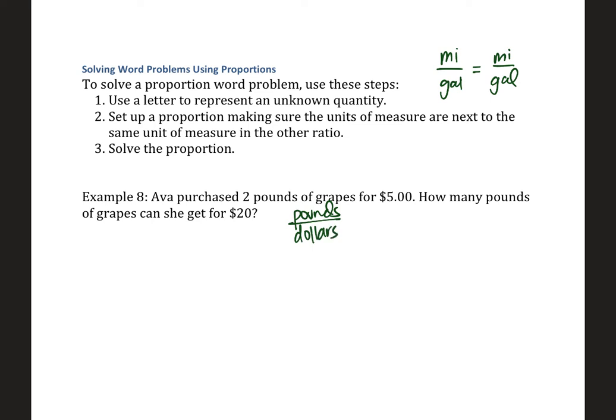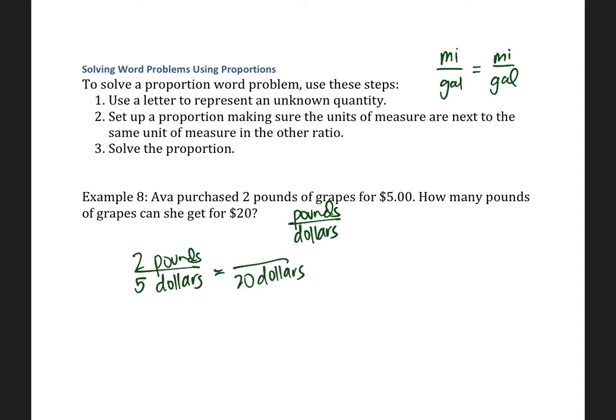So setting up my first one, 2 pounds for $5, is equal to, I already know how many dollars I'm going to be using, $20.